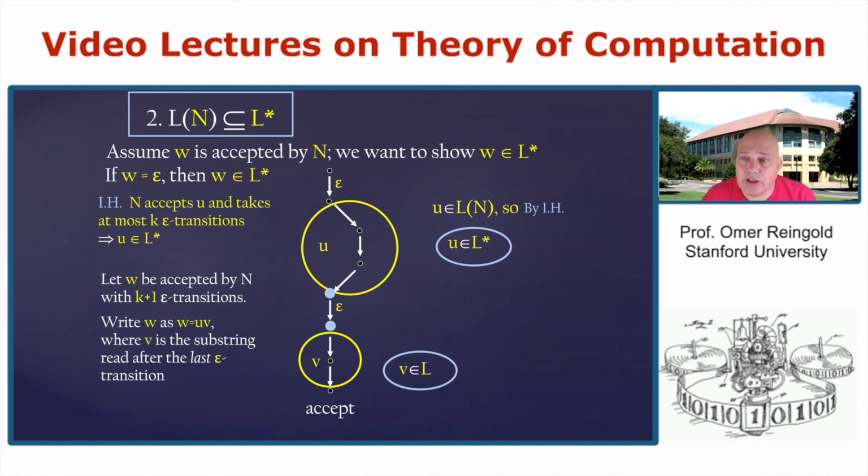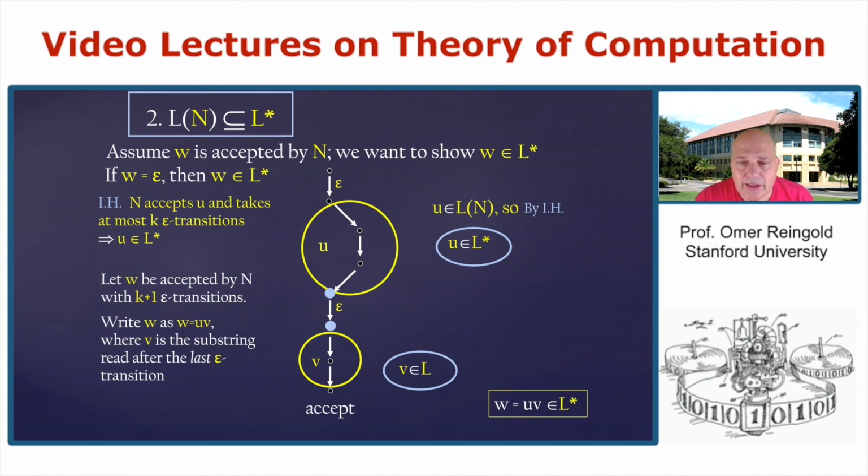Because epsilon transitions always reach Q1, the start vertex of M, and a computation that starts from Q1 and reaches an accept state without taking any epsilon transition is a computation that is entirely within M, within the original DFA, and it is an accepting computation within the DFA. So v has to be in L. And therefore w, which is u concatenated with v, is in L star.